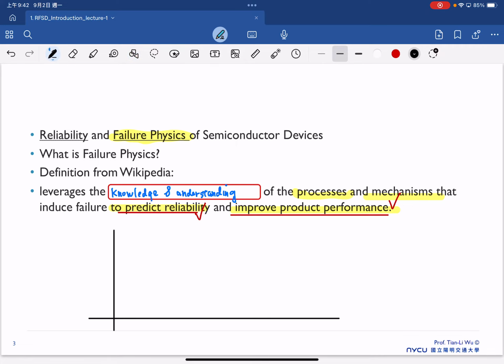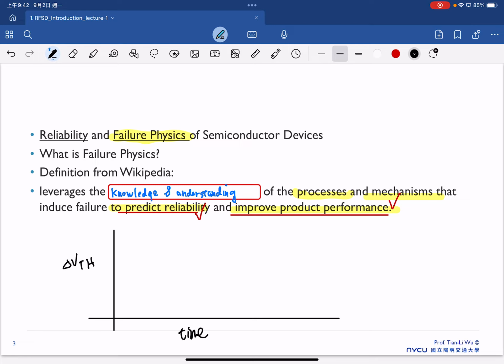In the previous slide, we already talked about one of the key reliability factors we are interested in, which is the threshold voltage. So we consider the threshold voltage shift versus time here.